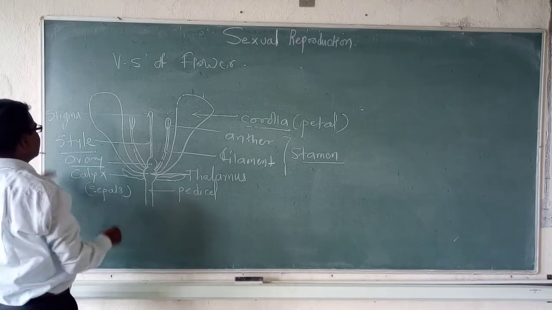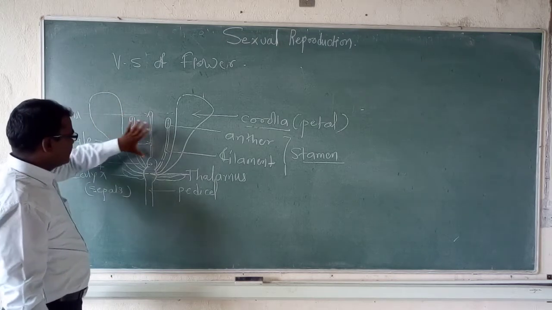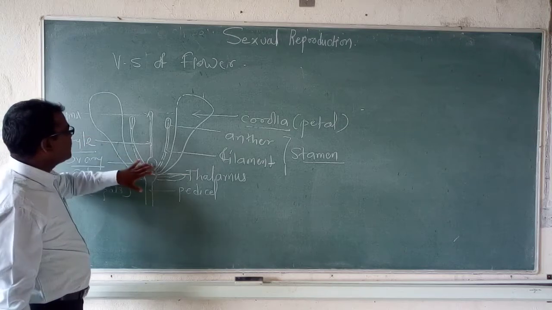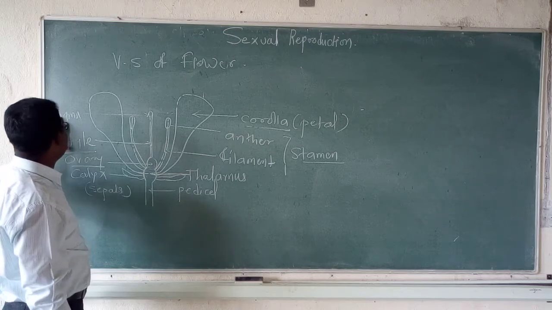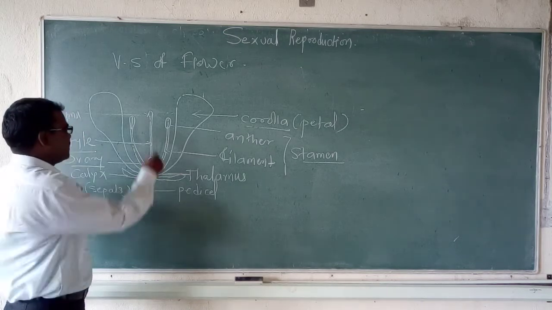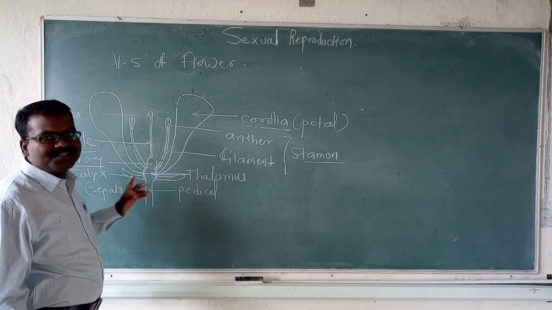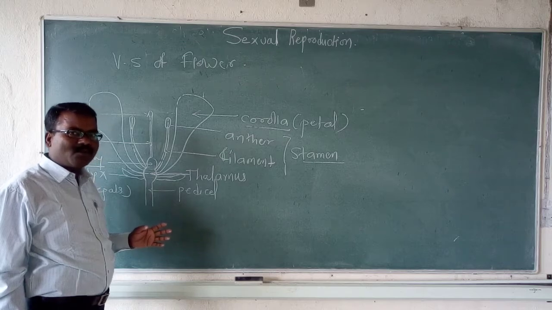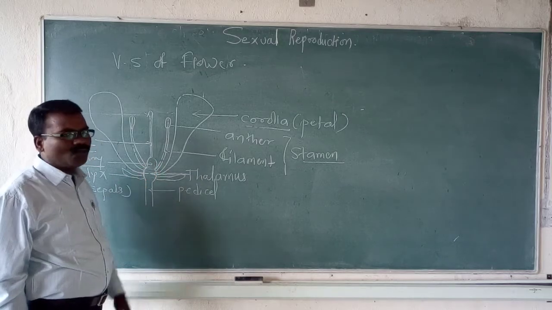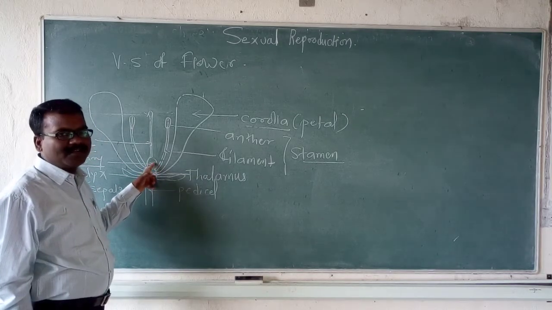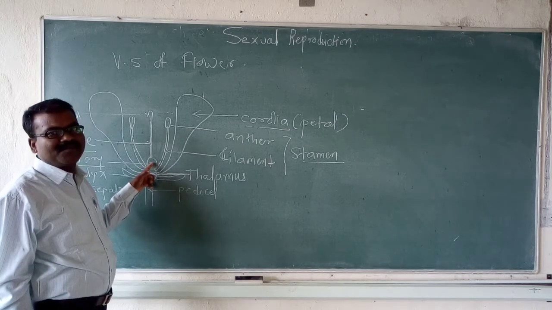That means a single carpel consists of the stigma at the tip, this long style, and at the base the ovary. Stigma, style and ovary together are called the carpel. Carpel is the female reproductive whorl of the flower, and the function of the carpel is production of ovules inside the ovary. Inside the ovary there are ovules, and inside the ovules the female gametes are developed.